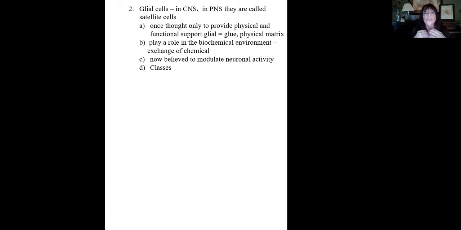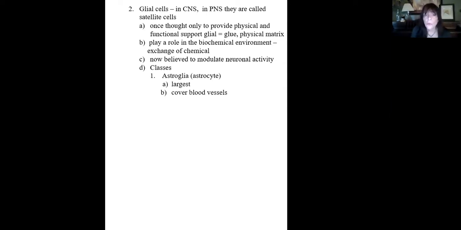Now, it's actually believed that they are also active in the modulation of certain neuronal activity. So they are now considered to be much more than a matrix that just is supporting everything else in the system.